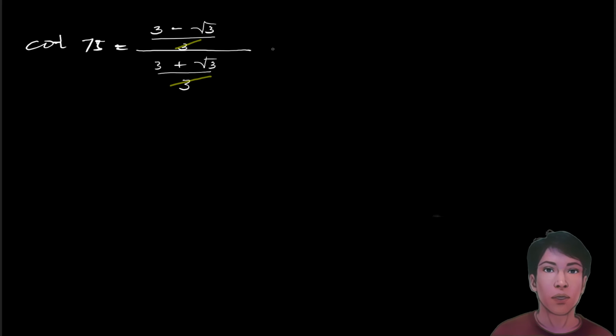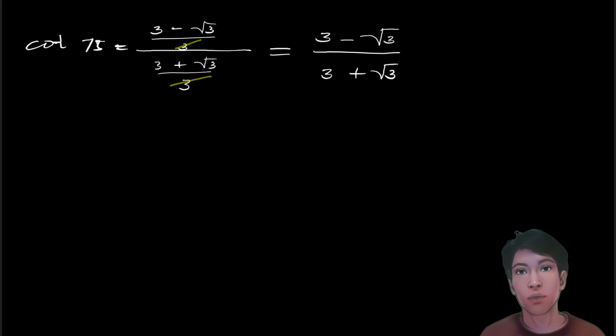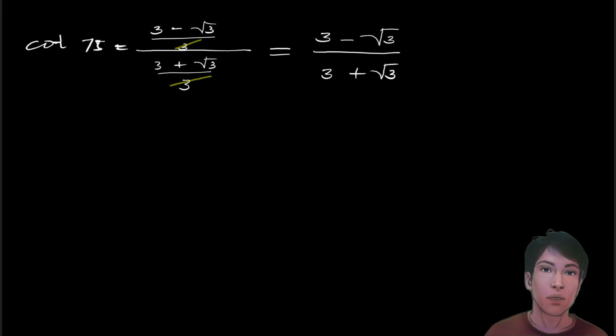So we're now left with 3 minus square root of 3 over 3 plus square root of 3. Of course, we do not want to have radical signs in your denominator. So what I'll do is simply multiply this with 3 minus square root of 3 over 3 minus square root of 3.